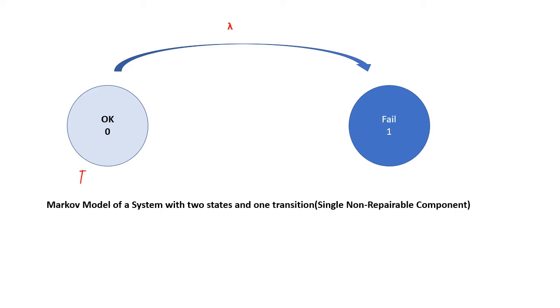So probability P0 at time 0 is equal to 1, and P1 at time 0 is equal to 0. Now what will happen at time t equal to, say, 1 hour, and this failure rate we can assume is 0.1 failures per hour.